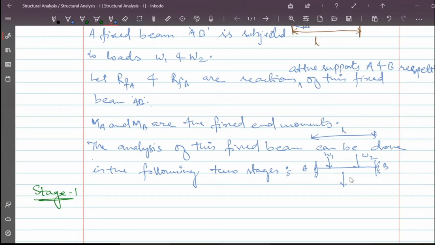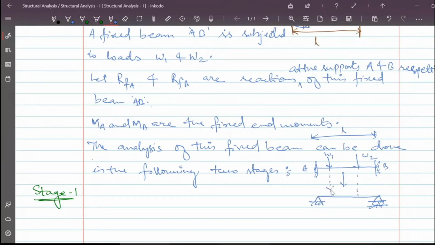Okay, so this can be considered as a combination of a simply supported beam. So here again, I can put these two loads here.